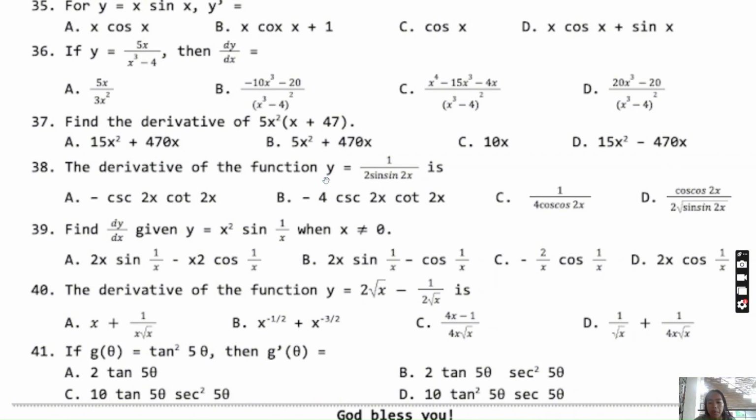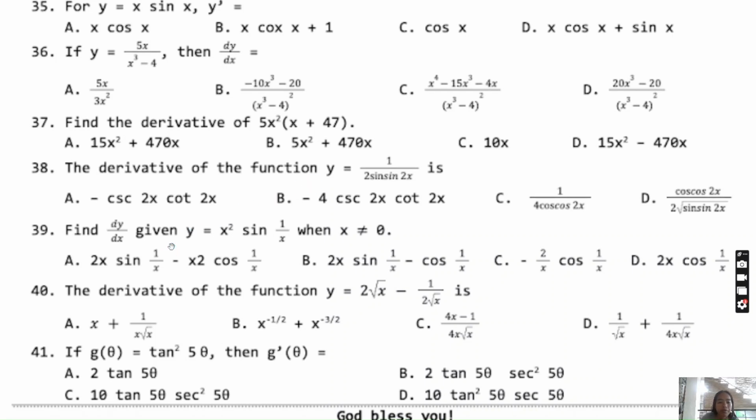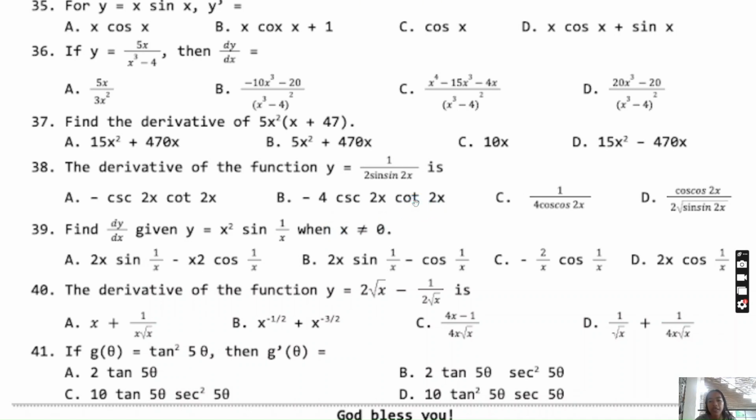So our number 38: the derivative of the function y is equal to 1 over 2 sine 2x. The answer of number 38 is letter B, negative 4 cosecant 2x cotangent 2x.